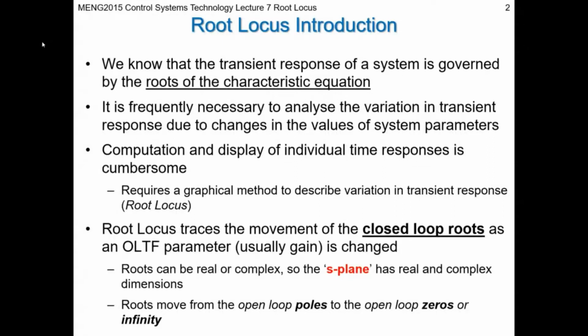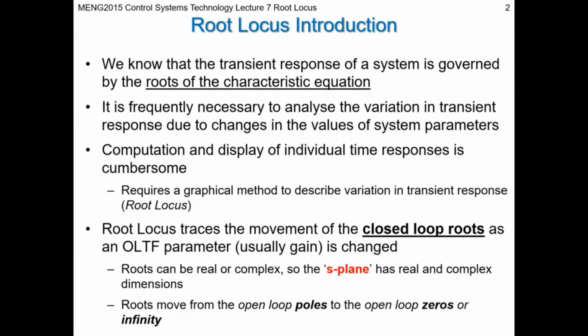And so we're plotting the location of the closed loop roots as they move along a path on this S-plane, which is actually an Argand diagram, right? So we're drawing lines on an Argand diagram which represent the movement of the closed loop roots, how the real part and the imaginary part change as some parameter changes, usually gain, like I said.